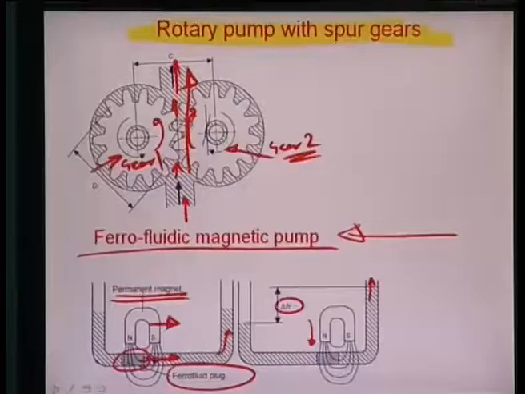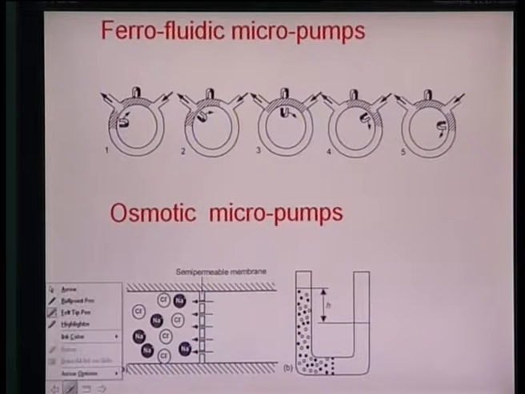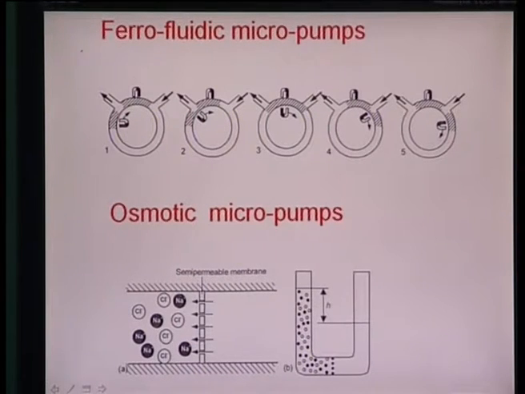So, there is another very interesting mechanism of moving fluids at the microscopic length scale, as you can see in this particular illustration. The third kind of pump is really very interesting. It is the ferrofluidic micropump, and you have to consider in detail the various stages from 1 to 5 of this pump and how it behaves. So, instead of one ferrofluidic plug, you have 2 plugs.